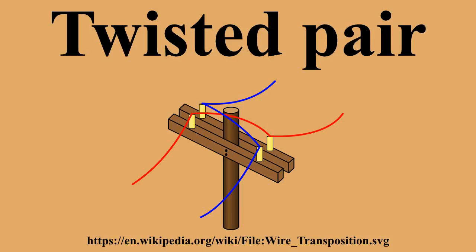Shielded Cat5e, Cat6/6A, and Cat8/8.1 cables typically have F/UTP construction, while shielded Cat7/7A and Cat8.2 cables use S/FTP construction.